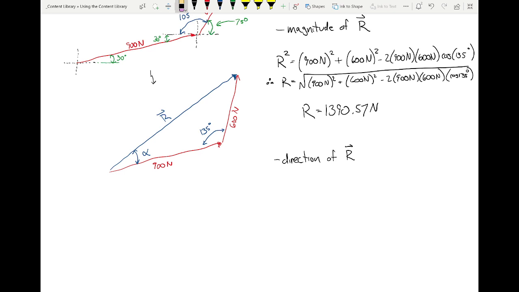Because that's what I'm interested in. So let's write that out. The sine of alpha is to 600 as the sine of 135 is to 1390.57.